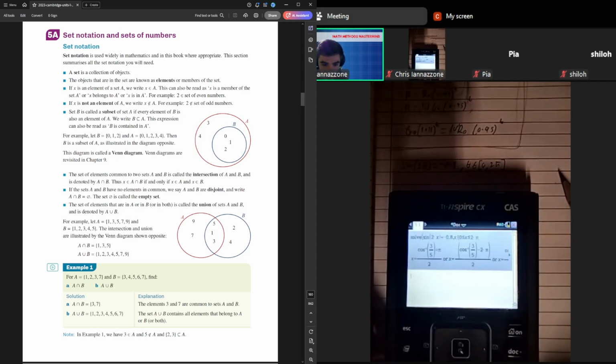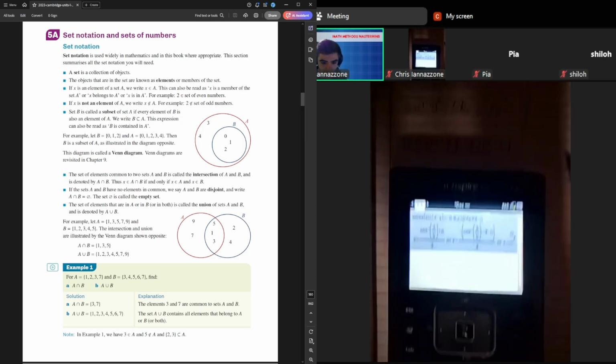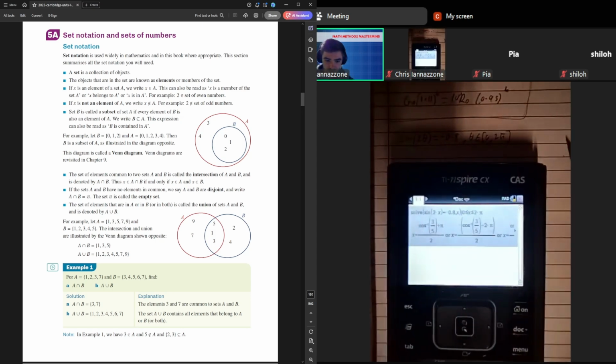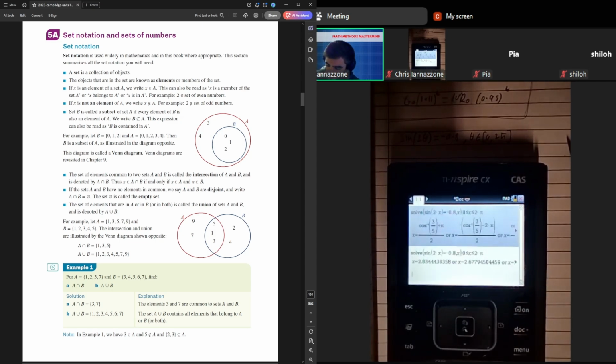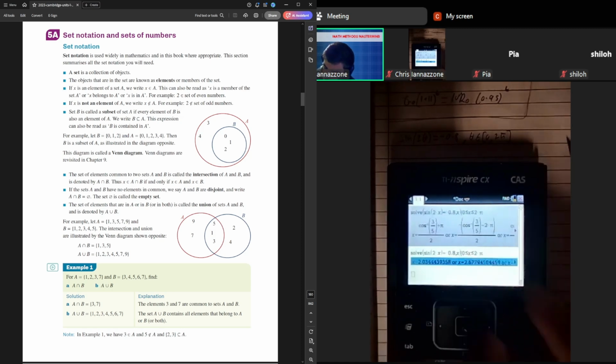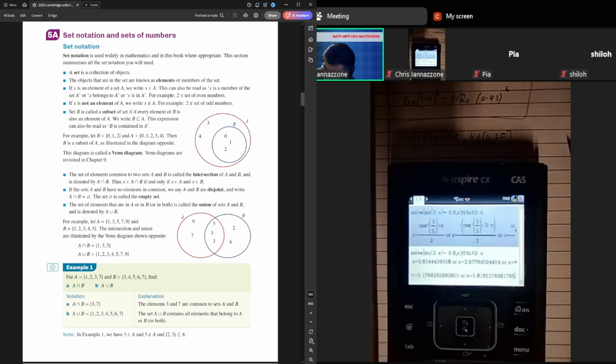You'll find that if you try to get an exact value, you'll get like the inverse cosine of another value. That doesn't actually have an exact form beyond what you're seeing there. So when you do your control enter, that's what you end up with. All these values are in terms of radians.